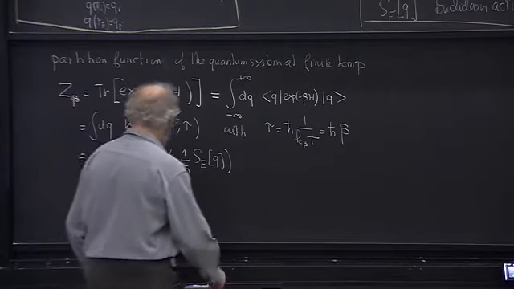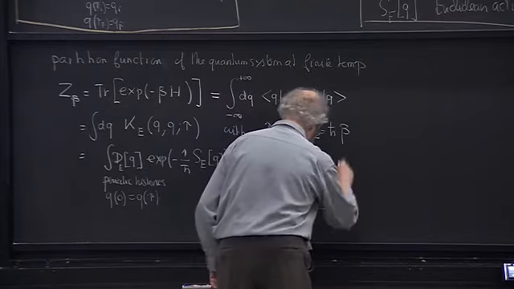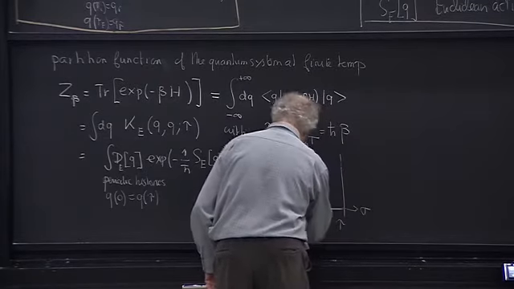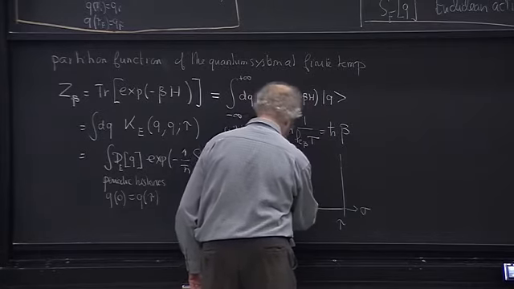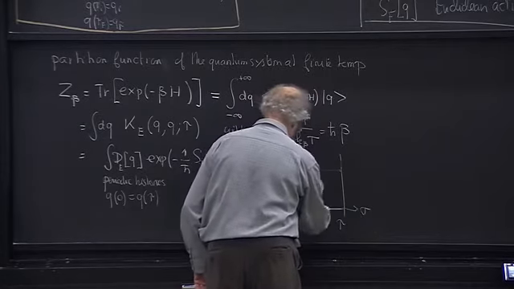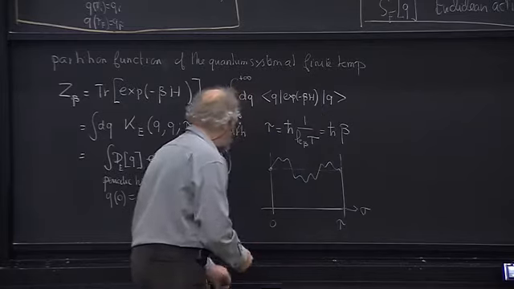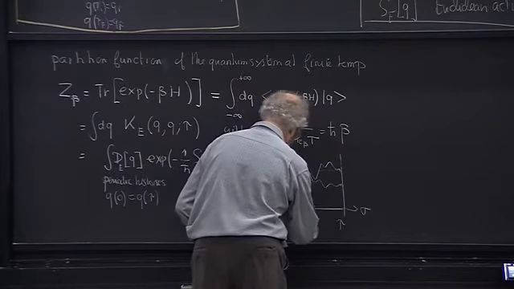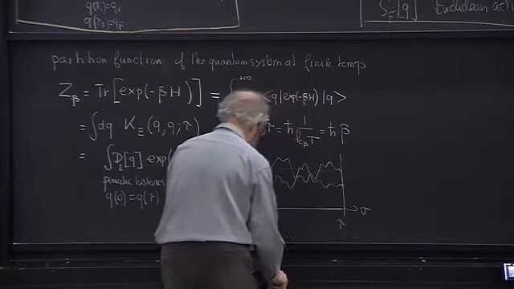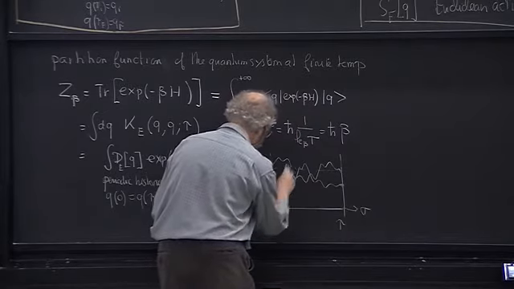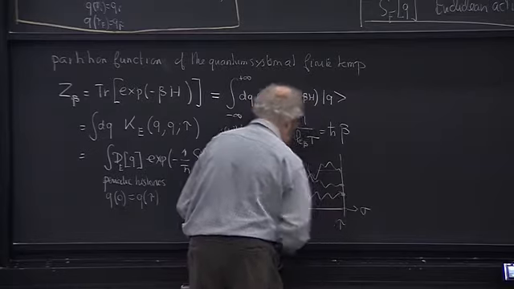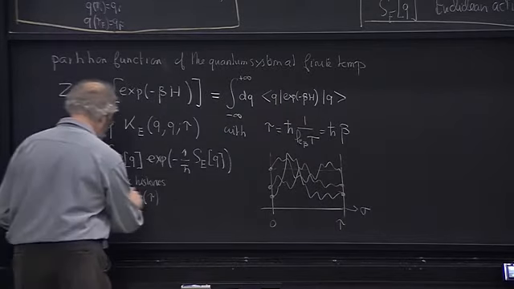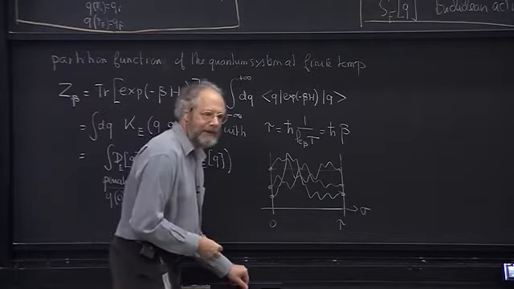If you start from this point, you must end up there, but you must sum over all trajectories. You can start from any point. The only constraint is that they end up at the same point. So you sum over periodic histories.